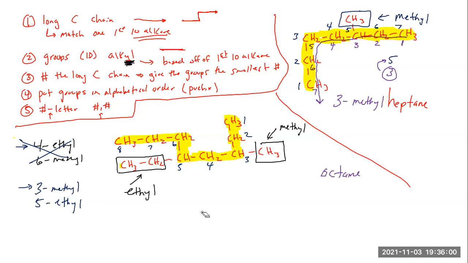All right, so now we're actually ready to put these guys together, and we want to put it together alphabetical. That means that E does come before M. So again, here our E would come before M. And even though the E has a bigger number, we will end up with 5 ethyl dash 3 methyl, and the base of our name there, octane.